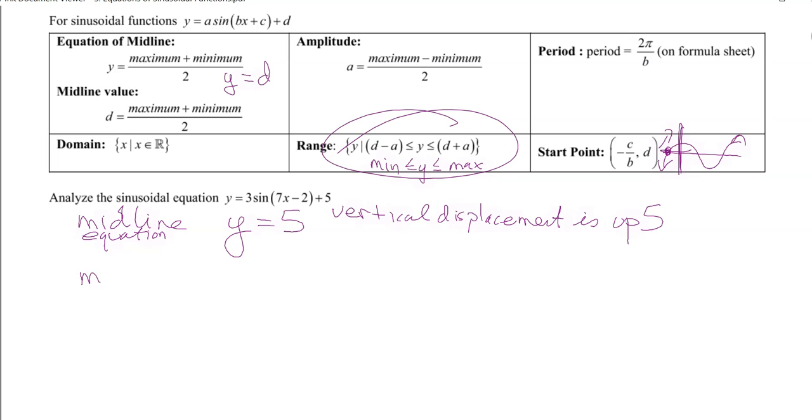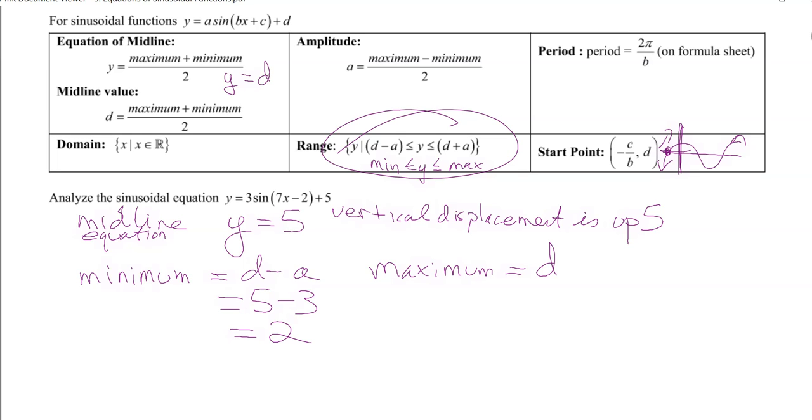The minimum is d minus a, which is 5 minus 3, which is 2. What's the maximum? It's a formula. It's 8.